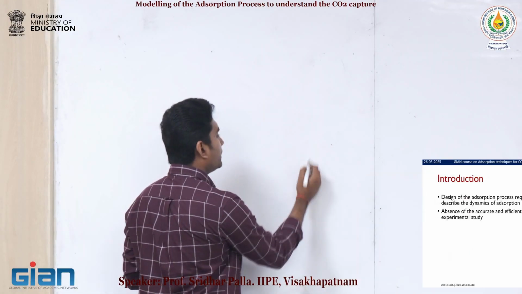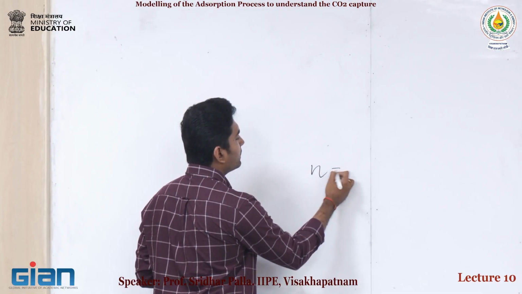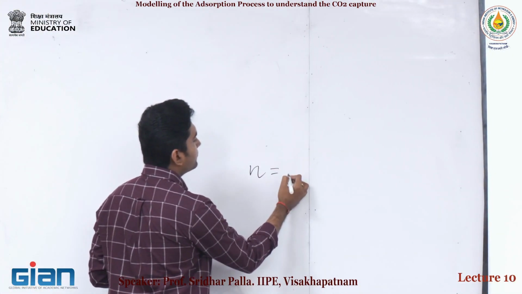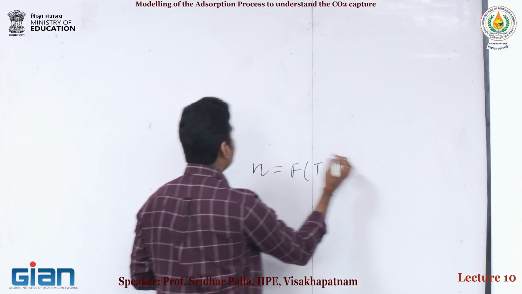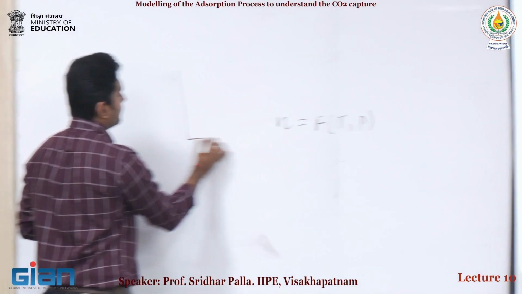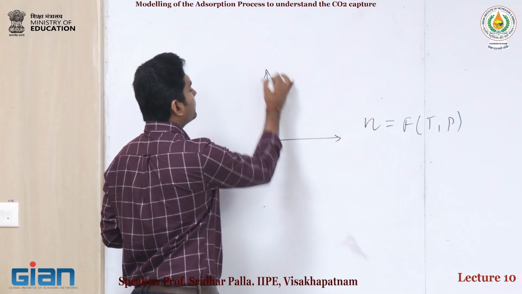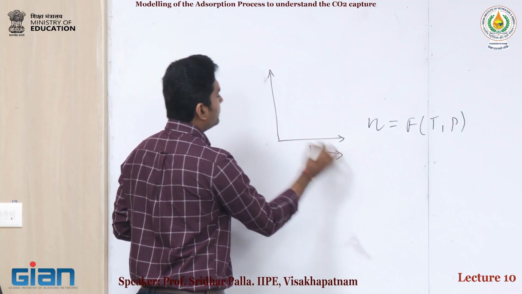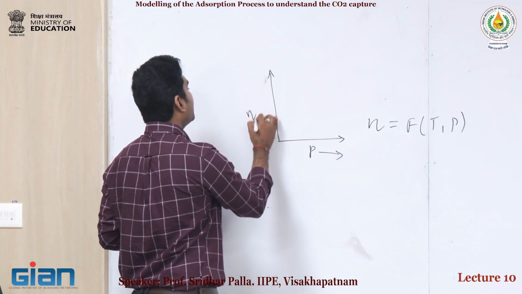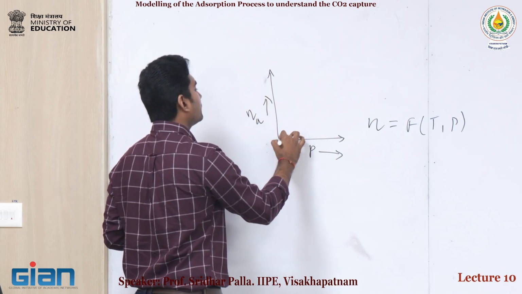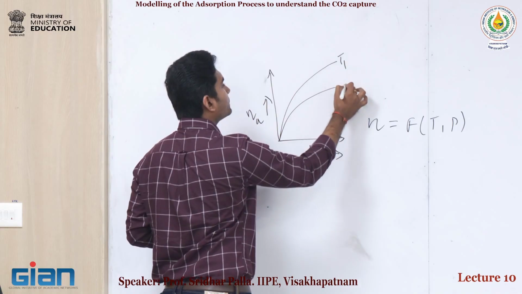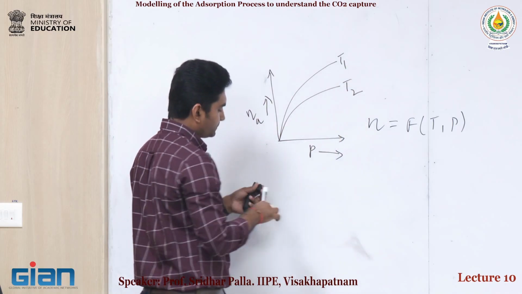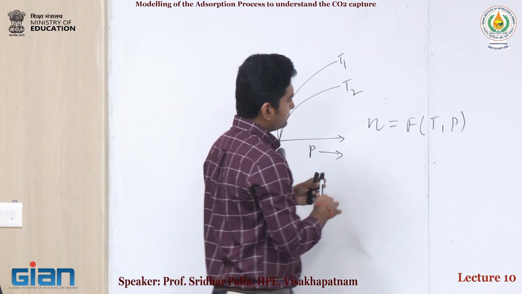So I hope you will recognize this. Adsorption isotherms we estimate by changing the pressure. We will calculate the adsorption amounts at different temperatures, for example T1 and T2.